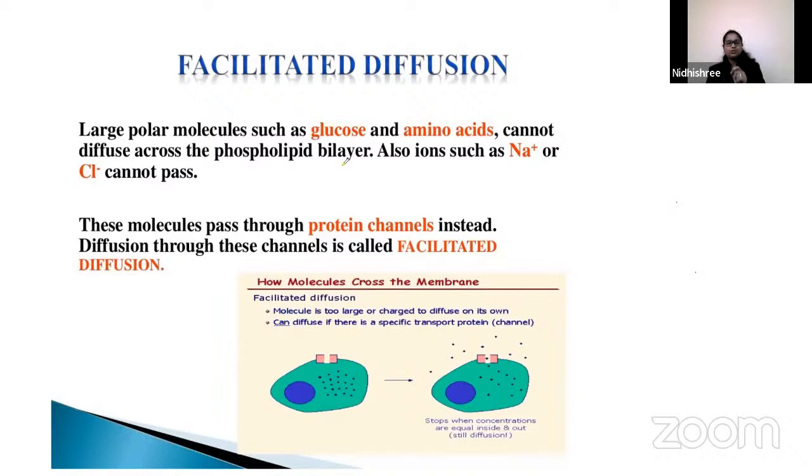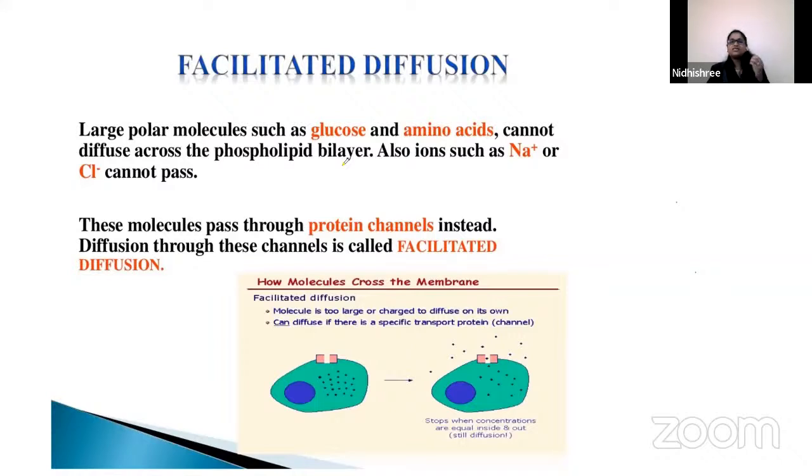Diffusion through these channels is called facilitated diffusion. So the molecules that cannot pass through the plasma membrane, like glucose, amino acids, sodium, chlorine ions, will pass through the protein channels. When diffusion occurs through the protein channels, it is called facilitated diffusion.